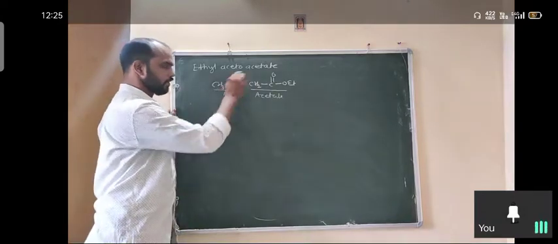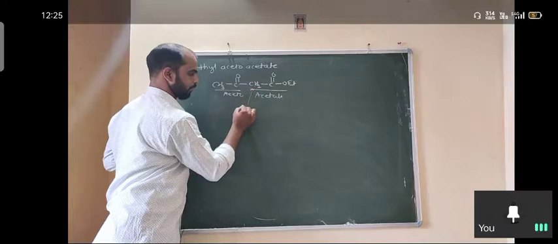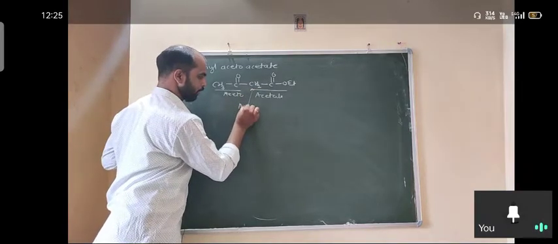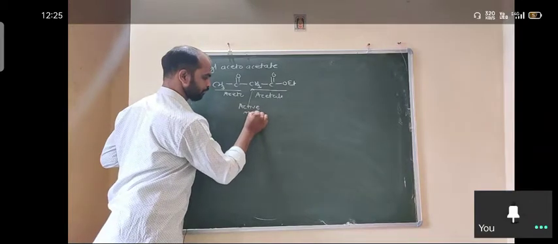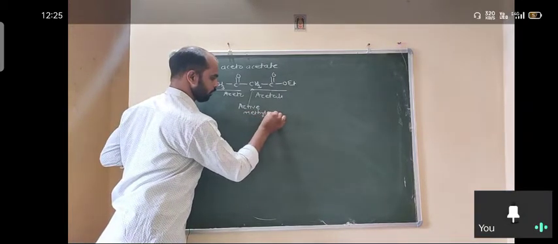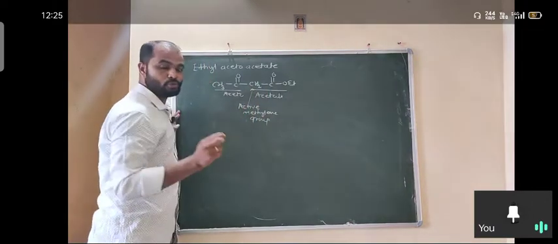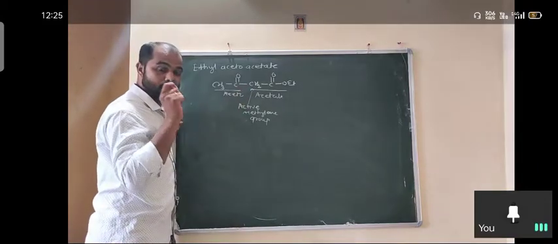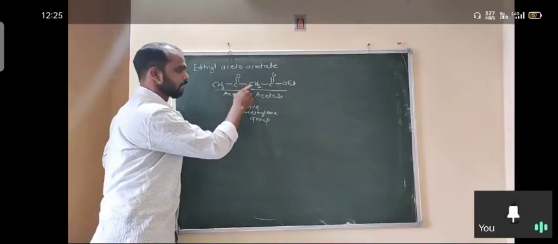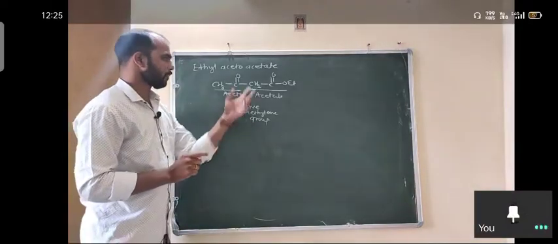You already know this ethyl acetoacetate also has the CH2 group, which we call the active methylene carbon, the active methylene group. This active methylene group has two hydrogens, and both hydrogens are acidic. That means this carbon has a tendency to lose the protons two times, forming a carbanion two times.